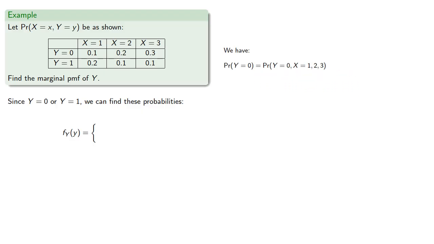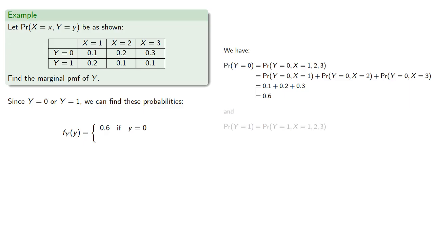And since these are mutually exclusive events, we can break them apart into the individual probabilities, and we find. Likewise, the probability that y equals 1 is the probability that y is 1 and x is 1, 2, or 3. And again, these are mutually exclusive events, so we can break them apart, and we find.